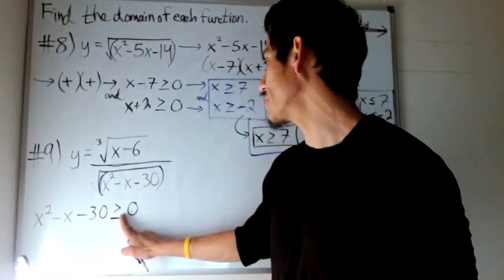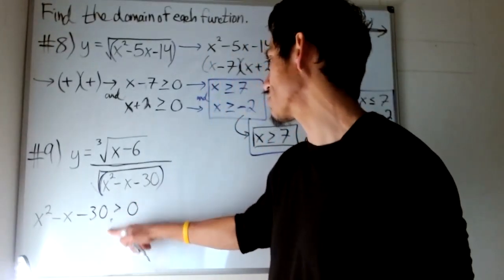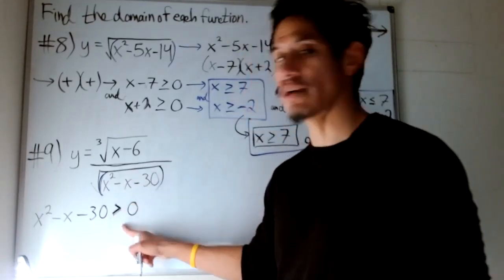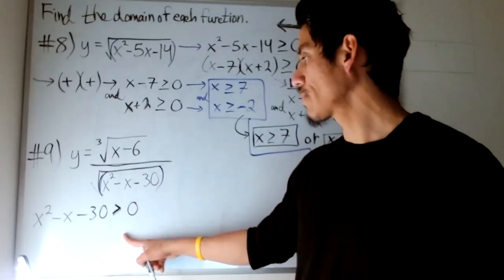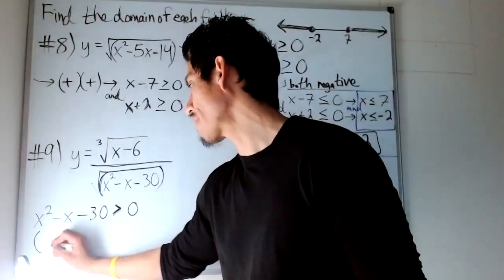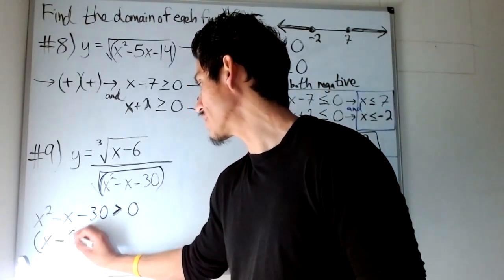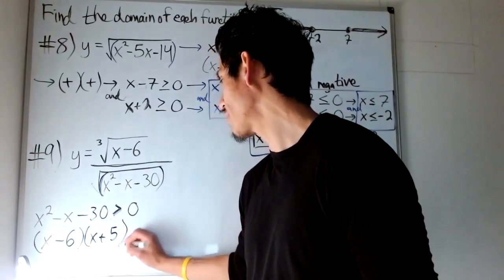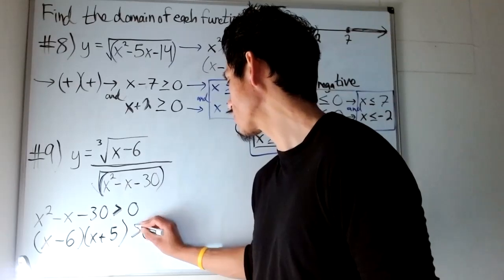Actually, no, it needs to be greater than 0, because it can't be 0 since we're dividing. So let's scratch that. This has to be greater than 0. Let's factor this. We have x minus 6 times x plus 5 has to be greater than 0.